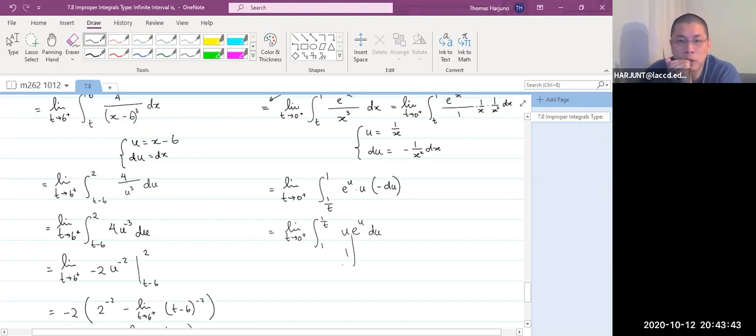Integration by parts: u, 1, 0, e to the u, e to the u. So this is the limit as t goes to 0 from the right hand side of u e to the u minus e to the u from 1 to 1 over t.